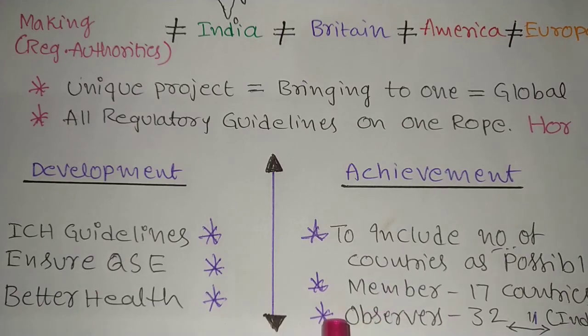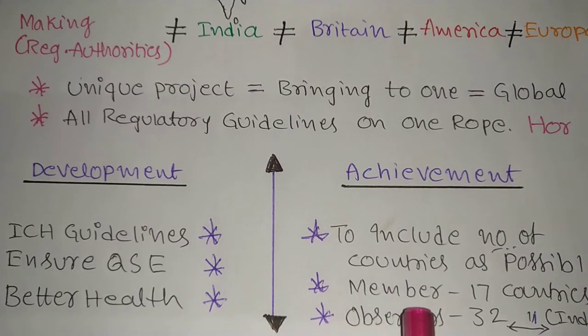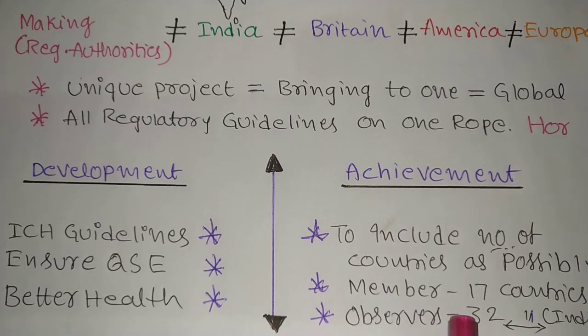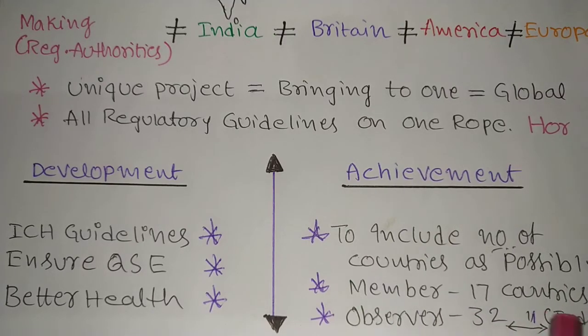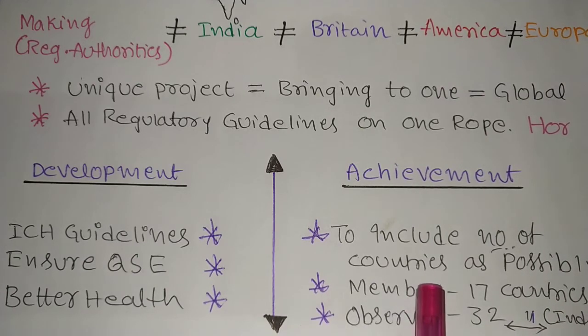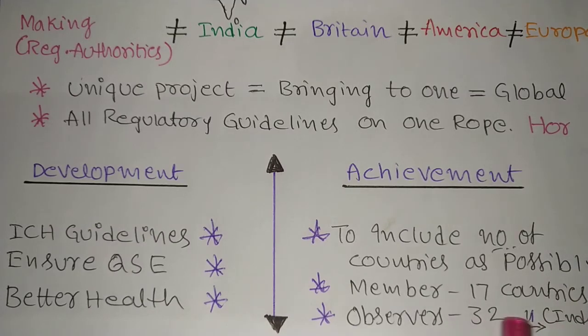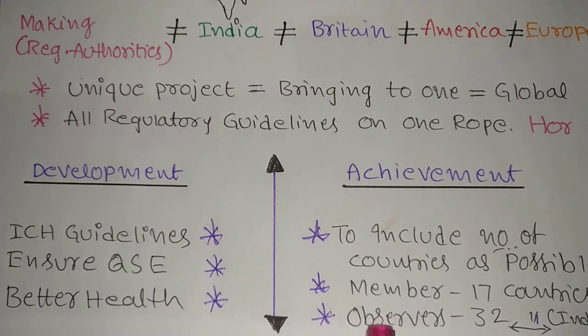The observers are not implementing, just observing what is happening in ICH. So India is one of the observer countries. It is not a member country. So we are not following the ICH guidelines in India.